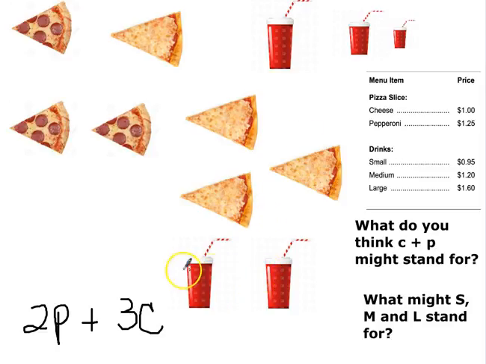And how about these items here? What would you put down for this? And let's go with Julia. What would you put for that? And if you said it would be 2L, 2 large drinks, your variable is going to be L, and you've got 2 of them, then you are absolutely correct.